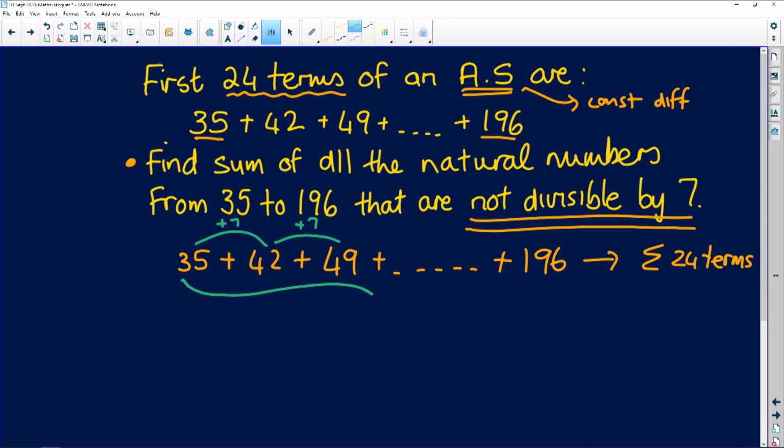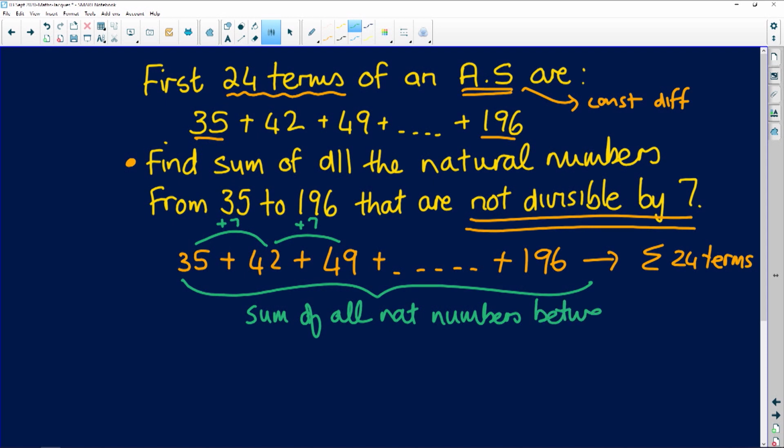This sequence here is the sum of all the natural numbers between, what is it, 35 and 196 that are divisible by 7. Okay, so if we've got all of those that are divisible, remember we're looking for those that are not.